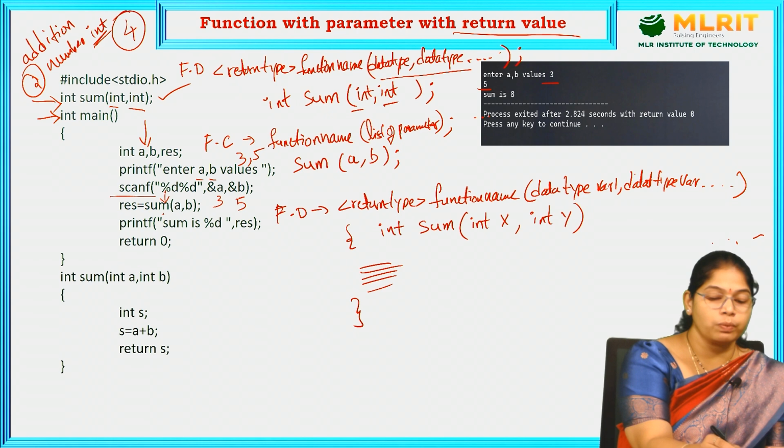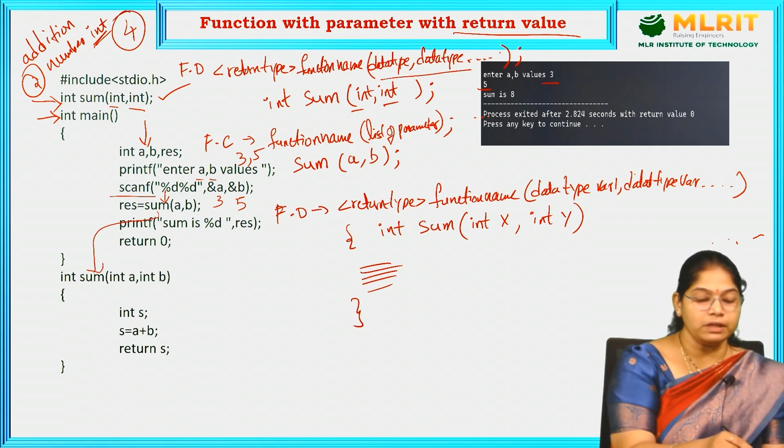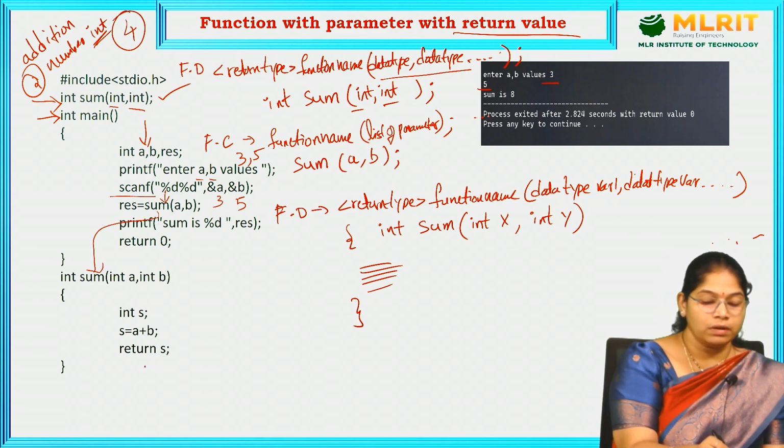Why? Because when the function call happens, the control goes to the function definition with return value. After completing the execution, the control returns back with a value to the function call.